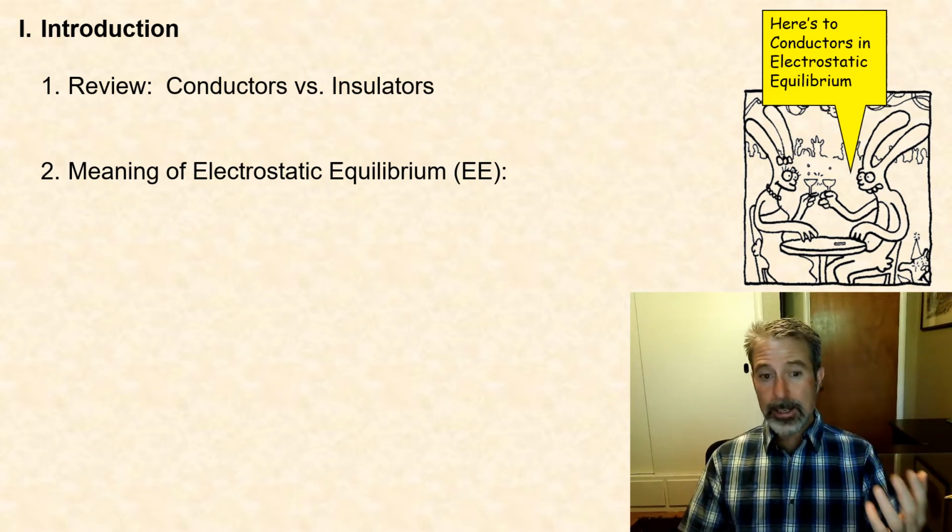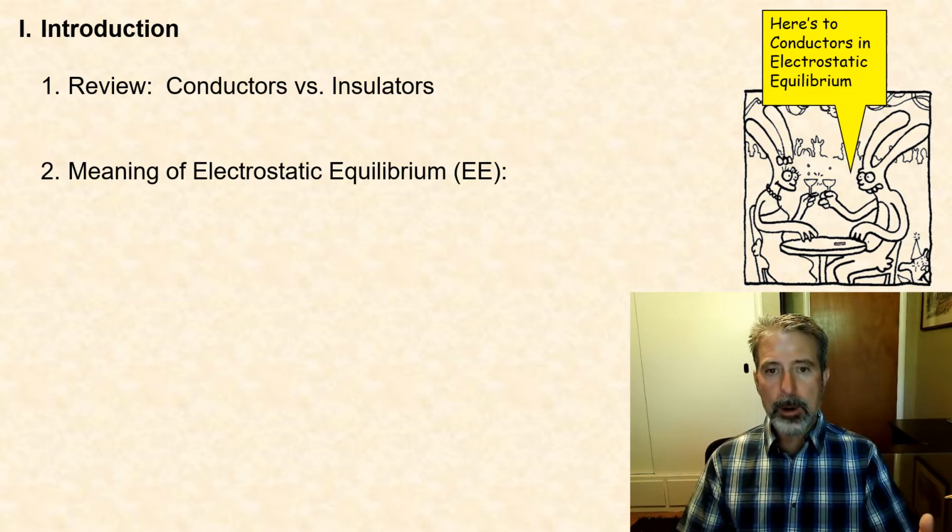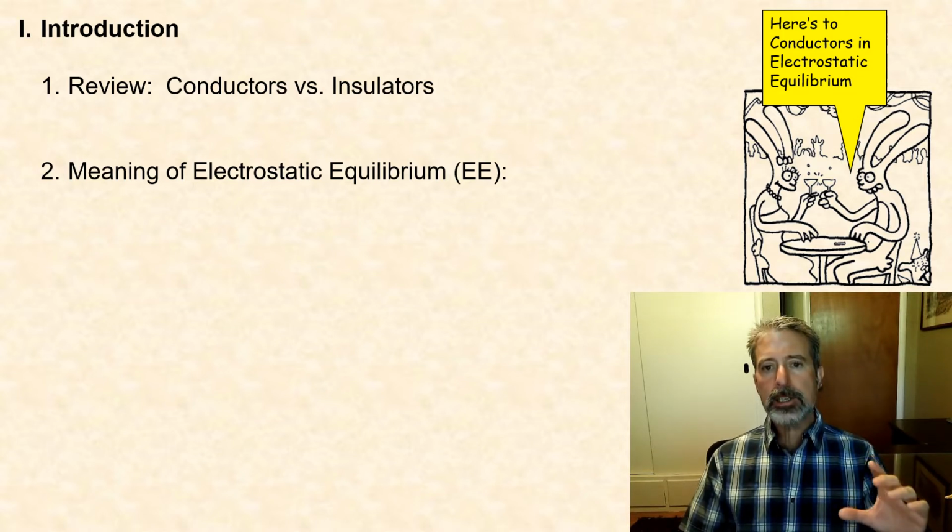Not electrostatic equilibrium, but the meaning of static equilibrium when we talked about motion. This was the condition where an object at rest remained at rest, where its motion didn't change. The cause of this, you recall, was that the net force on the object was zero.